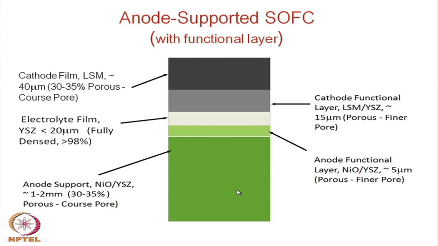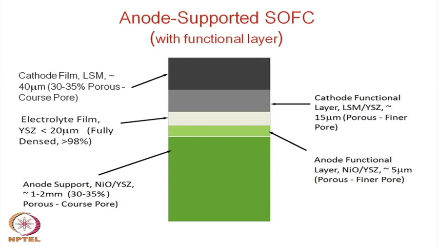However, you cannot have all of it through these finer pores. If you have a very fine pore all through, then there is a problem of gas diffusion. So, the overall diffusion rate will reduce. That will restrict the movement of the gas, and therefore one would not have enough reaction sites.